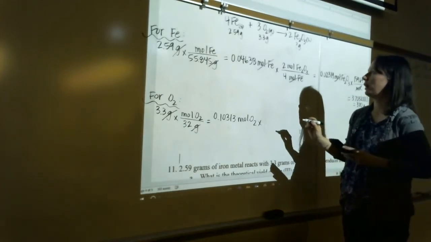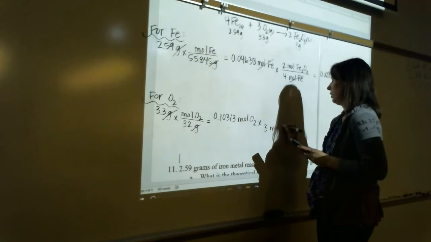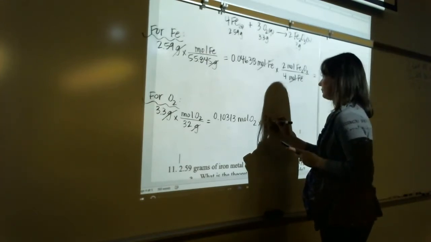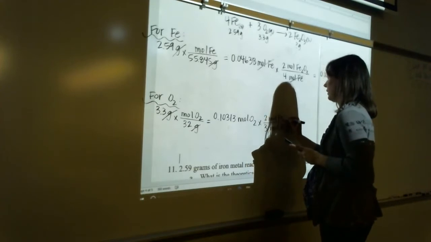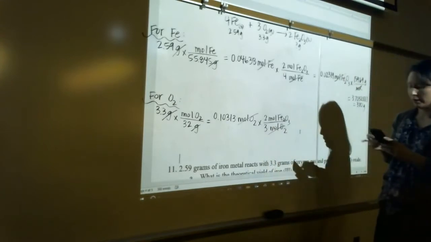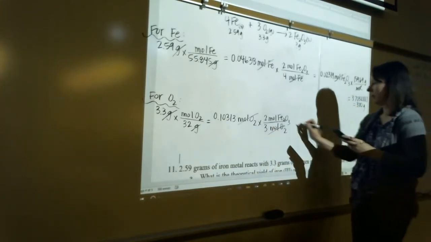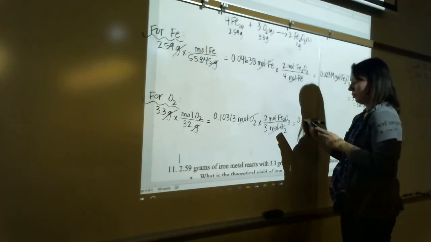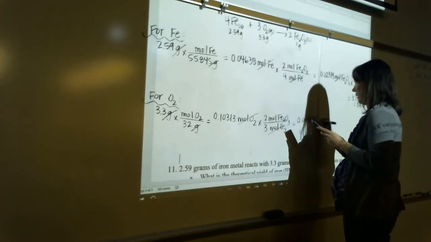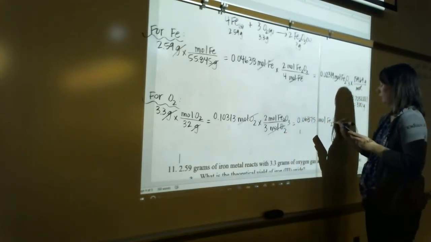All right, mole ratio time, right? 3 moles O2 for every 2 moles Fe2O3. So times 2 divided by 3, gives me 0.06875 moles Fe2O3.